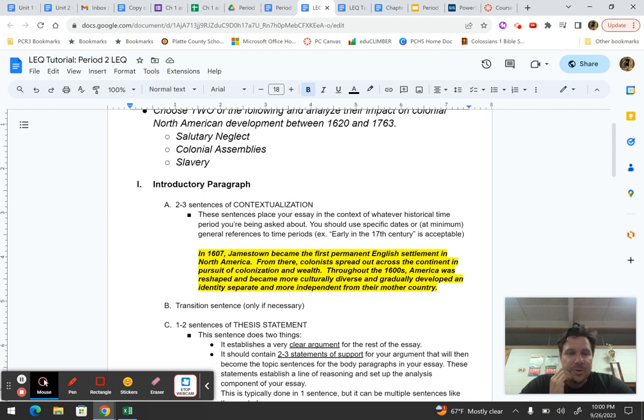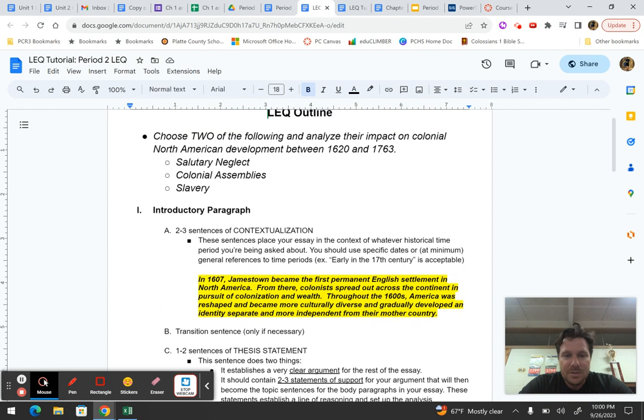Your introductory paragraph starts with 2 to 3 sentences of contextualization. And what that means is you are going to place your answer in the context of what's going on before and/or after the question is being asked. So in this case, the dates of the question, 1620 to 1763.